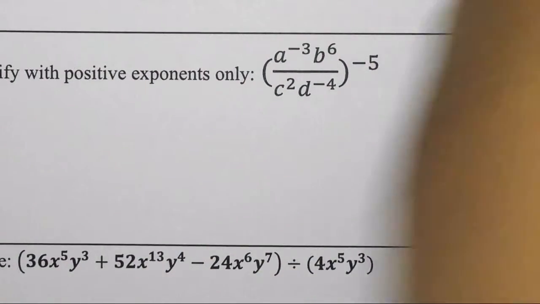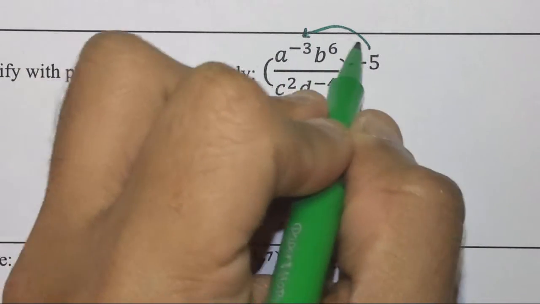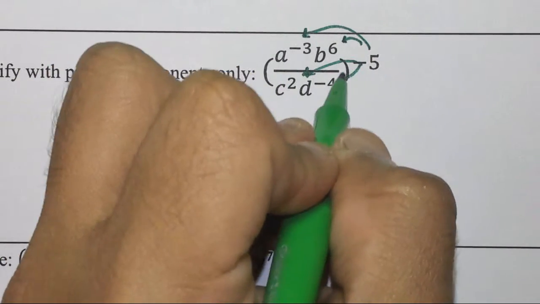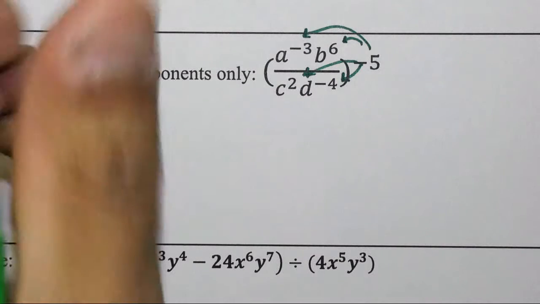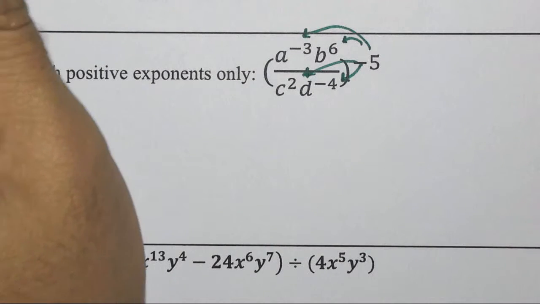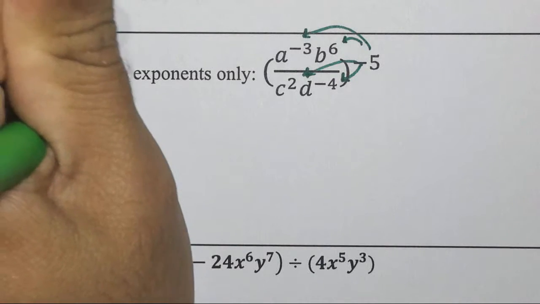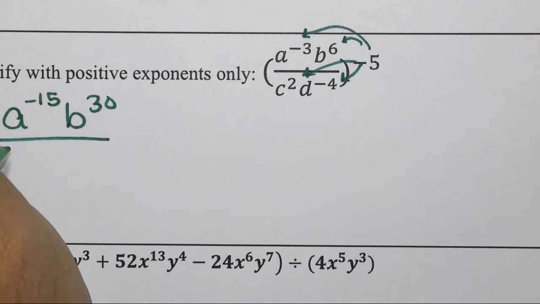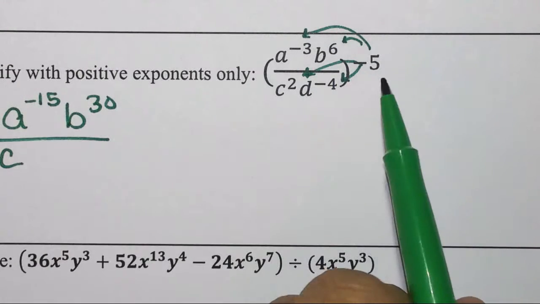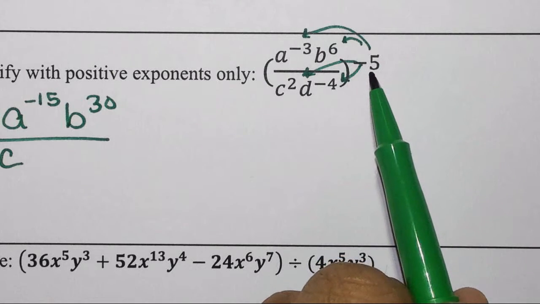That's supposed to be an exponent, so we're going to have to give it to everything inside. So you have a to the negative 15, b to the 30th over c to the, oh no, my mistake, it's a negative 5.